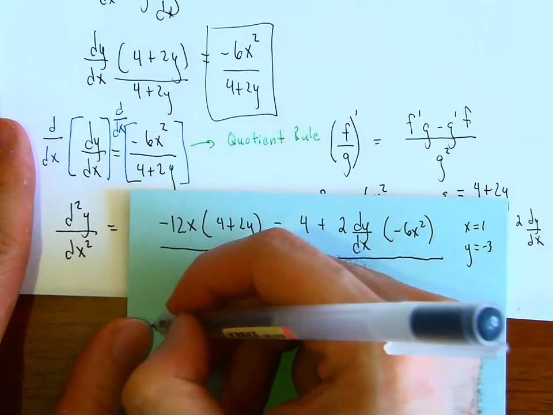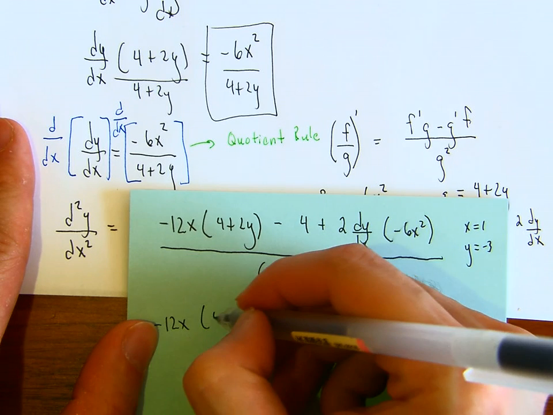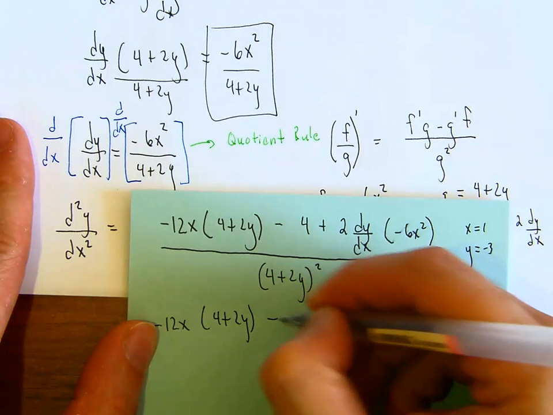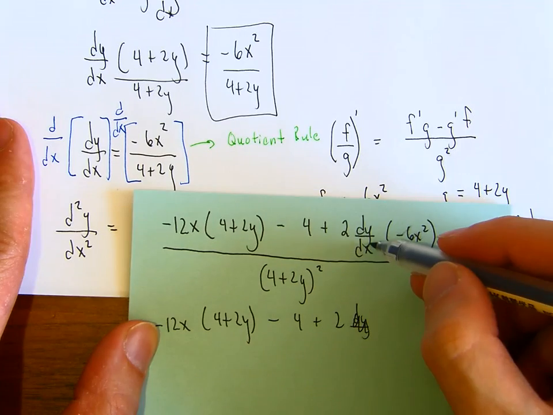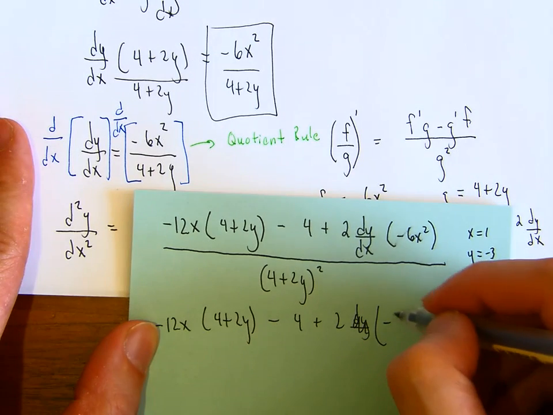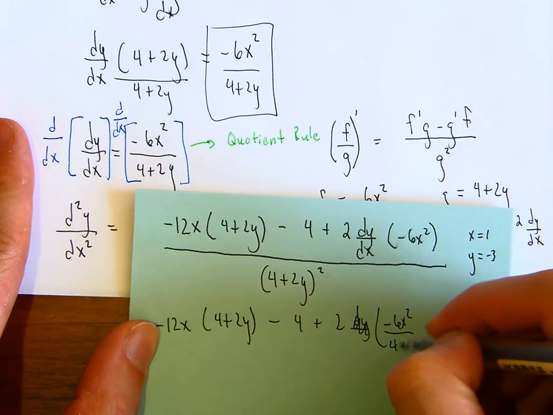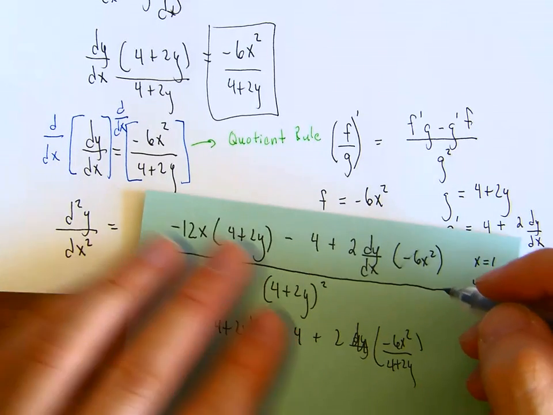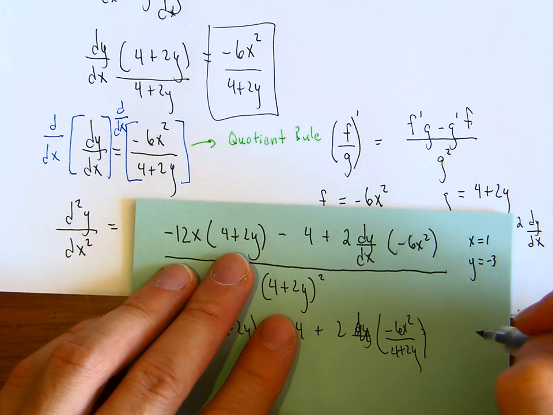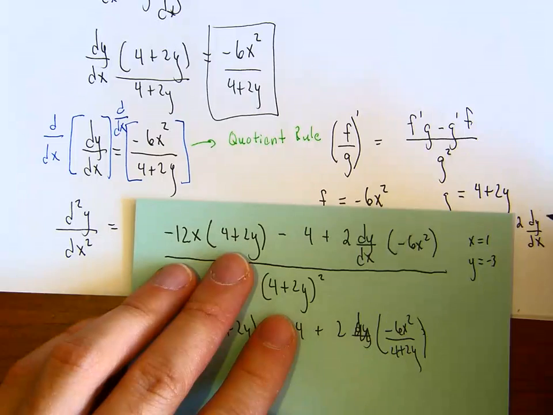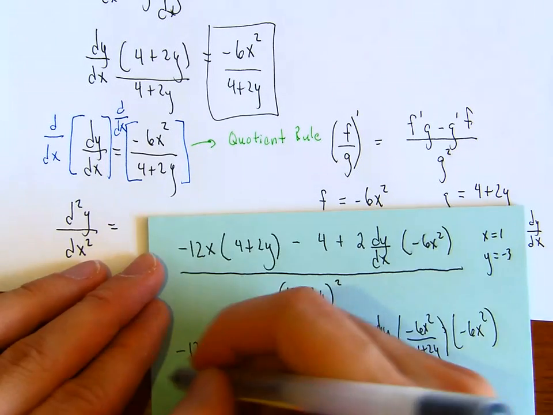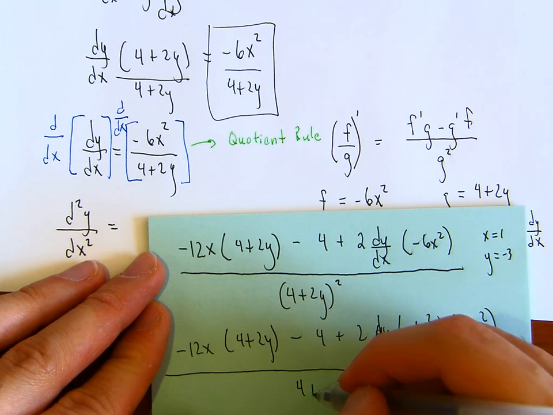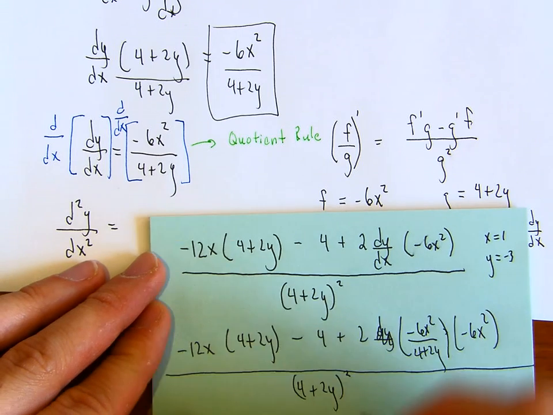So notice that this just becomes negative 12x times 4 plus 2y, minus 4 plus 2 times dy dx. I'm sorry, not dy dx, 4 plus 2 times negative 6x squared over 4 plus 2y, times negative 6x squared, all over 4 plus 2y, the whole thing squared.